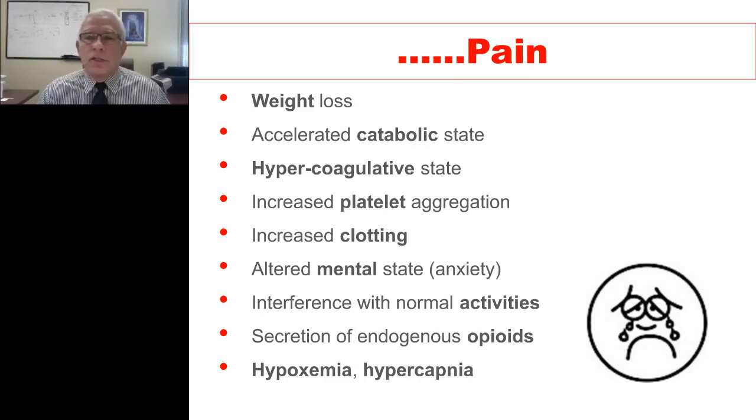In other words, the body's eating itself, and the goal is to really turn these animals around as soon as possible. Pain accelerates this state. And of course, that affects clotting, that affects the mental state activities, and also the secretion of endogenous opioids. And of course, it leads to hypoxemia and hypercapnia.